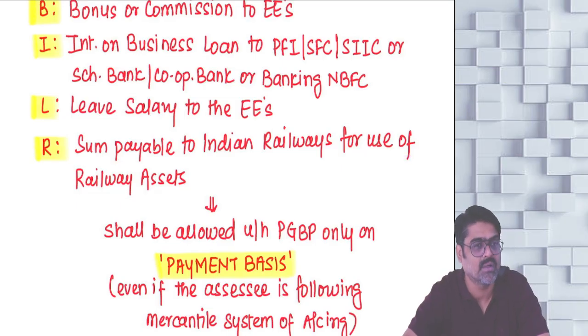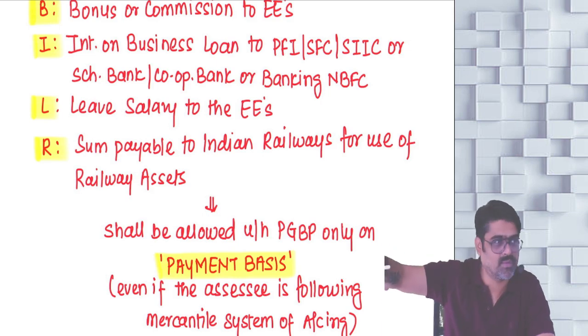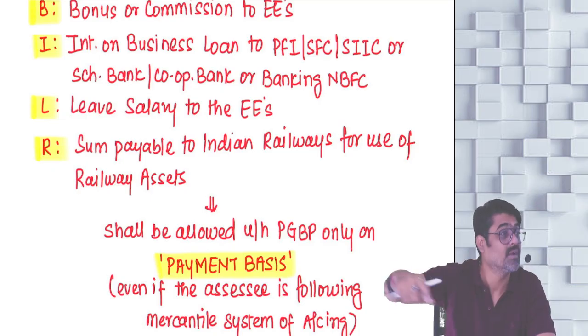So R for railway assets. So in your business or profession, any railway asset you are using, for example, you are using the rails for transportation of your goods from one location to another location. Are you going to pay freight charges? You remember, no? Those small rail wagons are there.